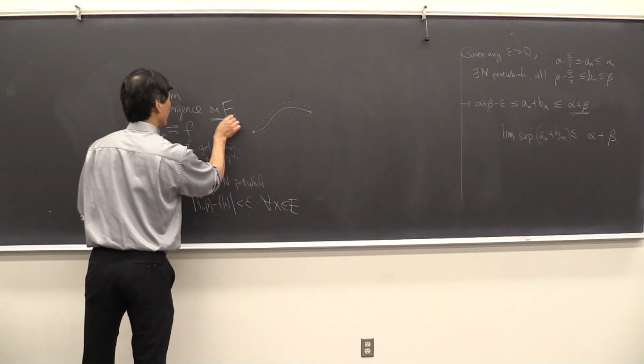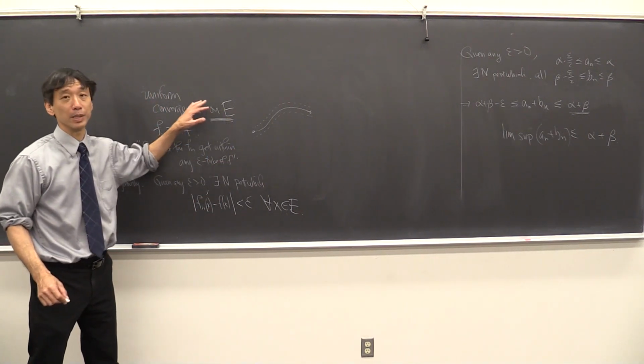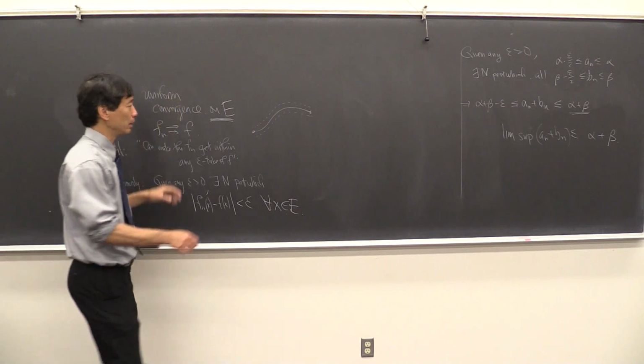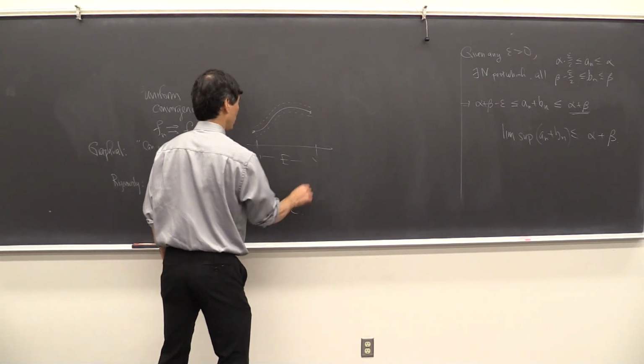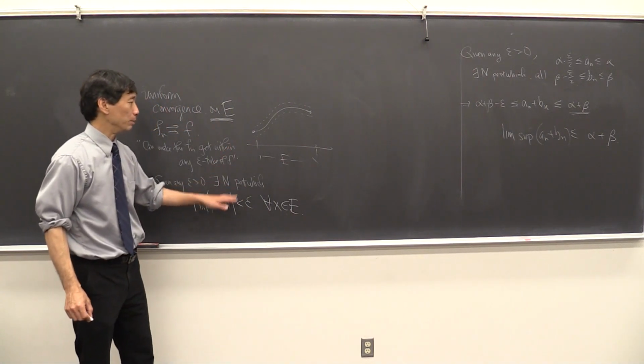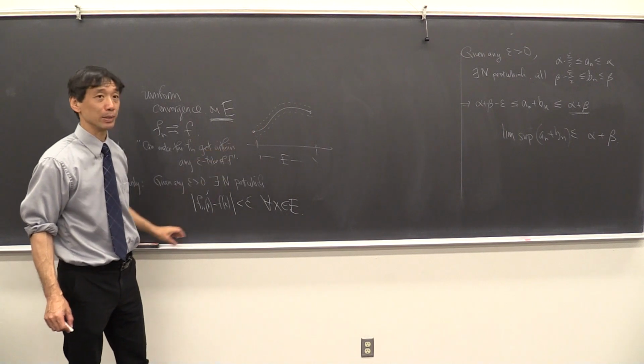When you're talking about uniform convergence, it has to be on some set. Uniform convergence on some set. So on your set, the points don't differ by more than epsilon.